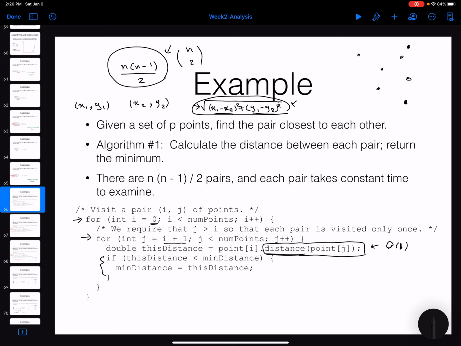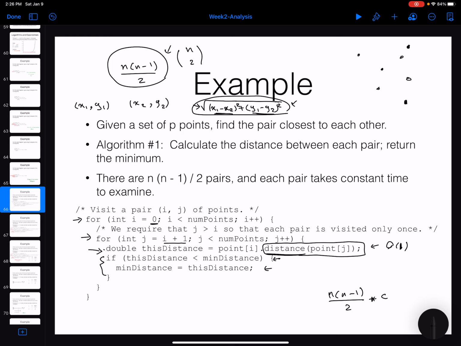I can simply discuss that the number of times that I would calculate the distance between 2 points is going to be n(n minus 1) divided by 2. And I need to calculate the distance for each one. It's going to take some constant time, right? And you just do some comparisons and updates.